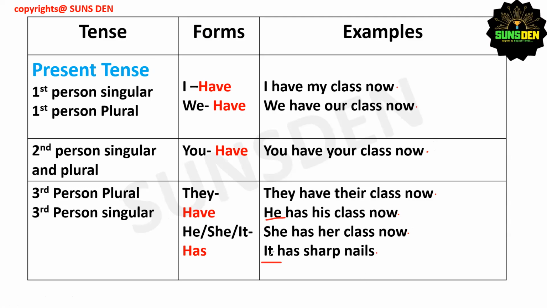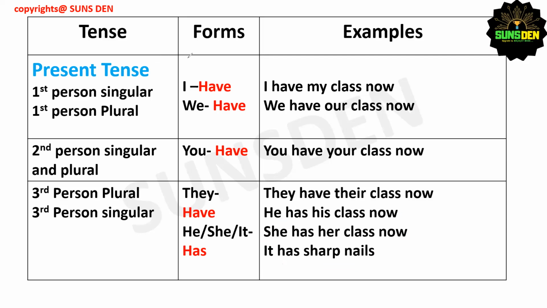Now, just because it cannot have a class, I have changed the sentence to it has sharp nails just to make some meaning. Otherwise, even if you say it has class now, it is grammatically correct, but it will not make sense because it can be an animal or an object, and an animal or object cannot attend the class. So that's why I have changed the sentence.